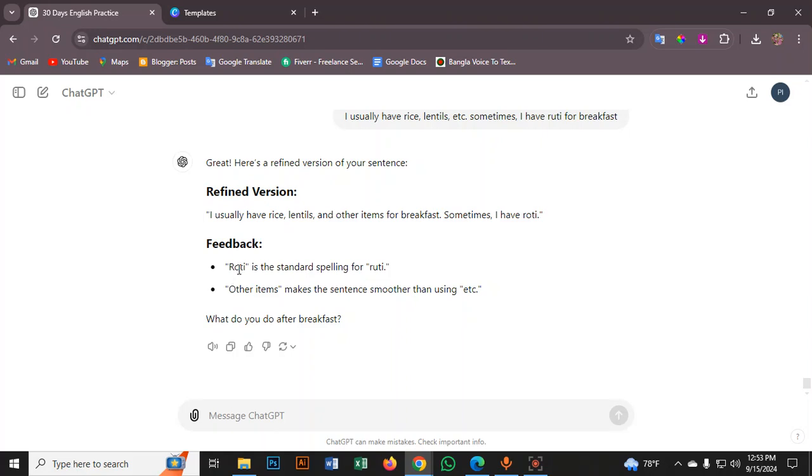Feedback: roti is the standard spelling for roti. Oh, I see. I had written roti, so he gave me feedback that roti is the standard spelling. Other items makes the sentence smoother than using etc.